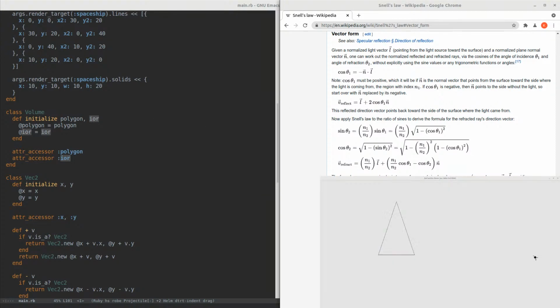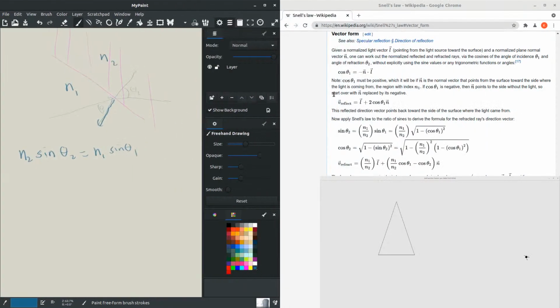For each line, if we have some line here, for simplicity we'll say this is P, and this is P plus R. Then our normal direction: we have our Rx and our Ry direction, and what we want to do is negate one of these.